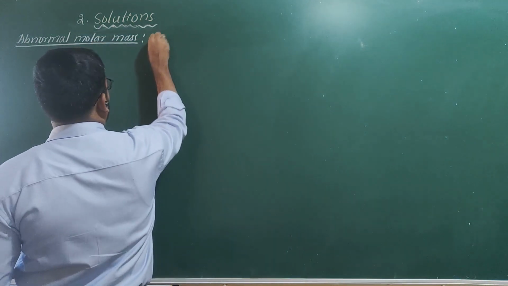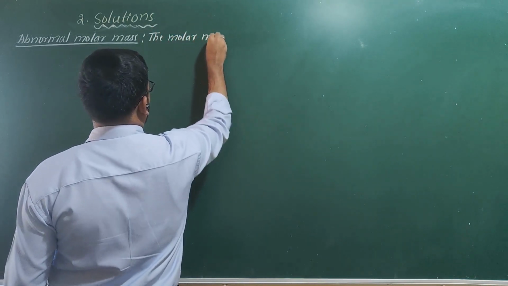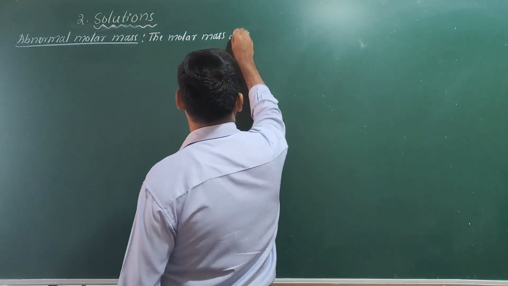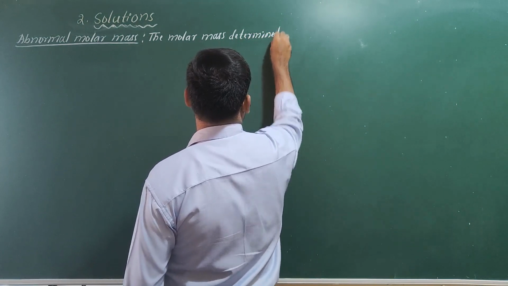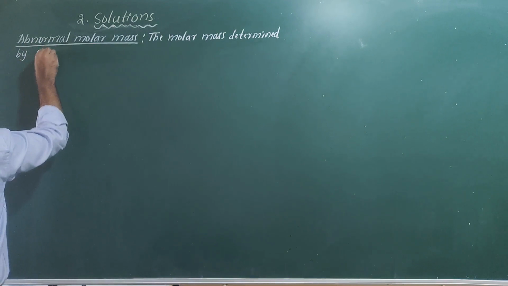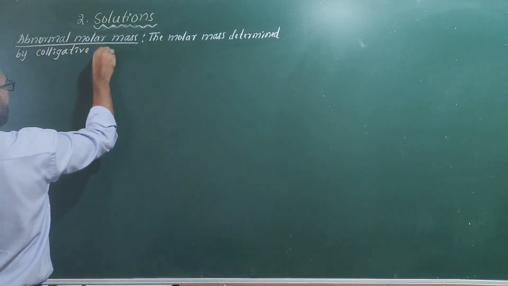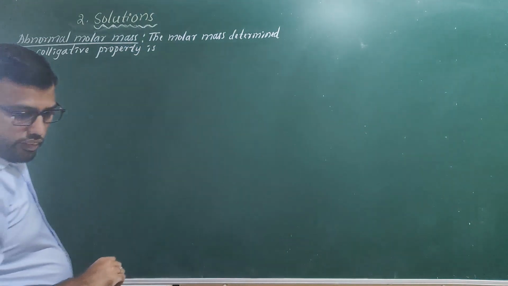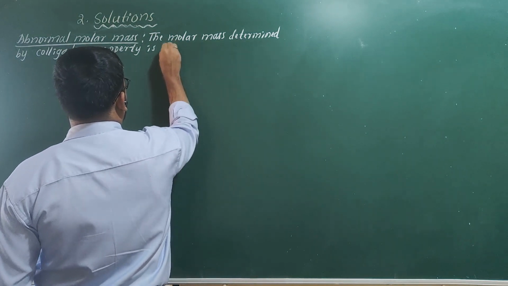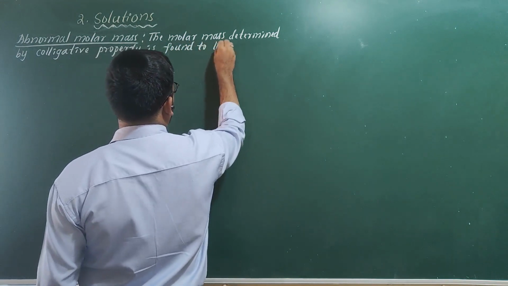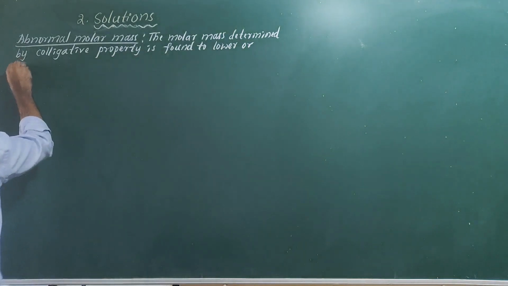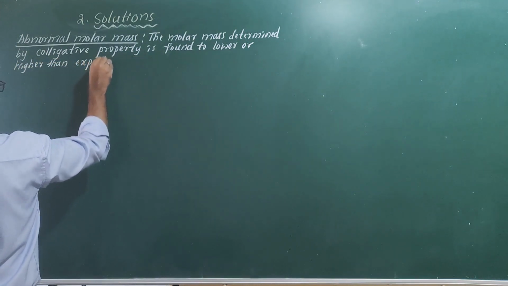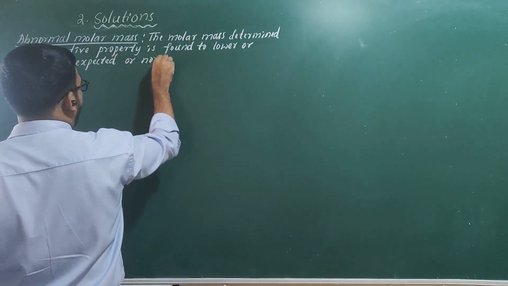The molar mass determined by colligative property is found to be lower or higher than the expected or normal molar mass, expected or normal value.